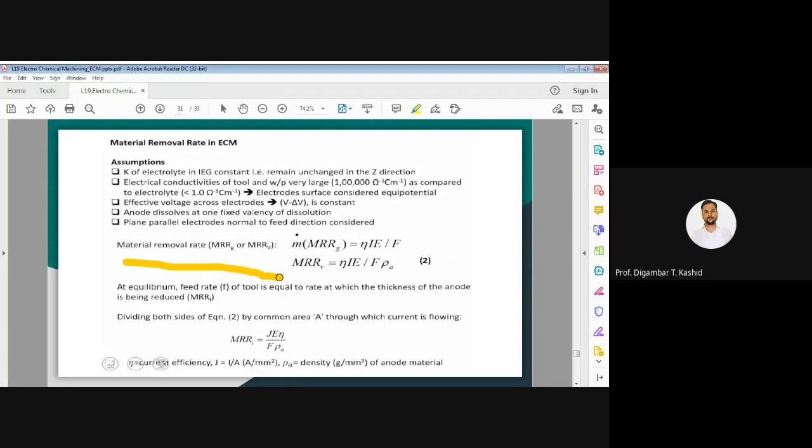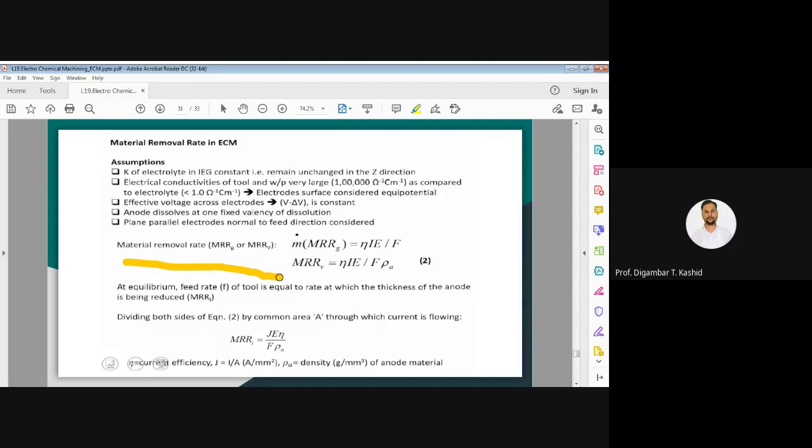For this, we have to consider a few assumptions. The electrical conductivity of the electrolyte in the inter-electrode gap does not change; it must be constant and remains unchanged. The electrical conductivity of the workpiece is very large compared to the electrolyte, so the electrode surface is considered equipotential, and the effective voltage across the electrodes is also constant.